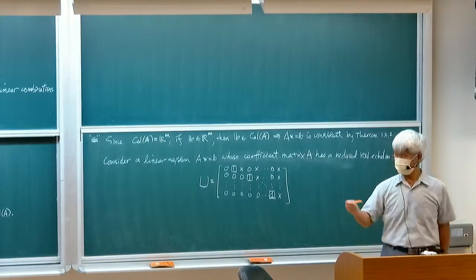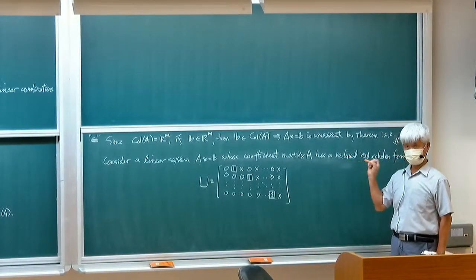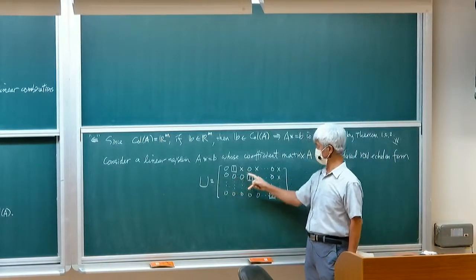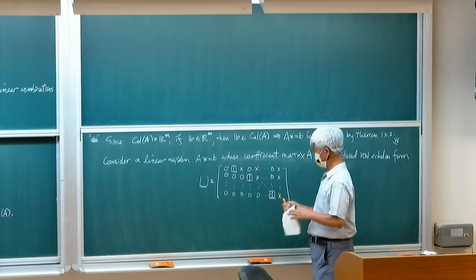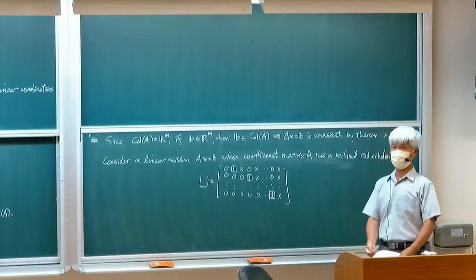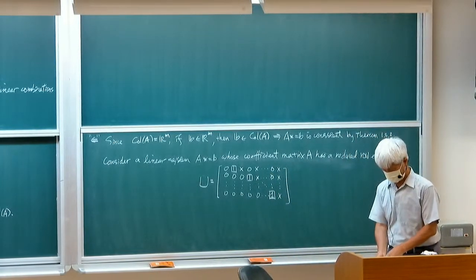All right, so this matrix is already in reduced row echelon form. So you can see a feature of this matrix.